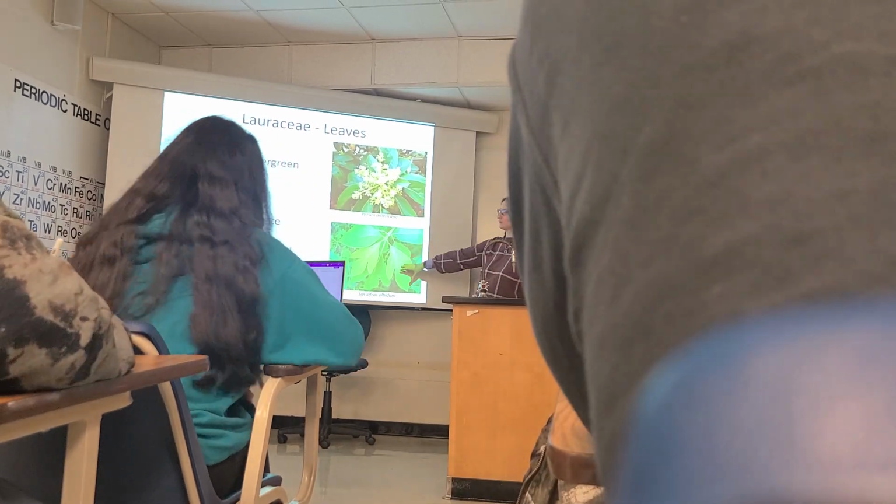They have simple leaves though, that are mostly alternate, and they're either undivided or lobed. So the Persea up here you can see is going to be an entire margin, but sassafras, which we're going to talk about later, is weird because it has trimorphic leaves, which means the leaves can take on 3 different forms.